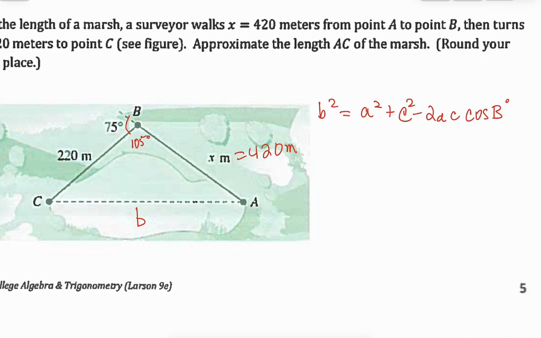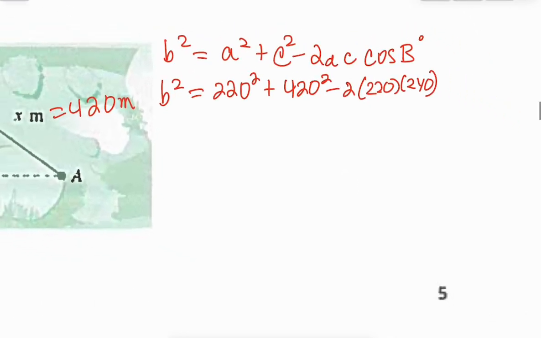Okay, so now let's plop the information into the problem. So this is 220. This is 420. So this is going to be 2 times 220 times 420. And this is going to be the cosine of that 105 degrees.